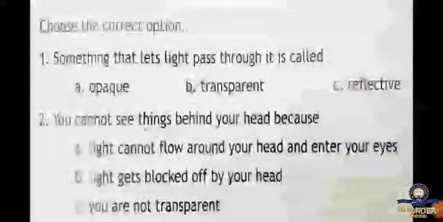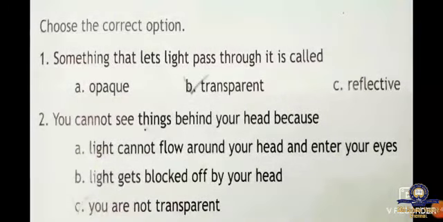And next we'll see the exercise. Choose the correct option. First one: something that lets light pass through is called, options are opaque, transparent, reflective. The correct option is transparent.